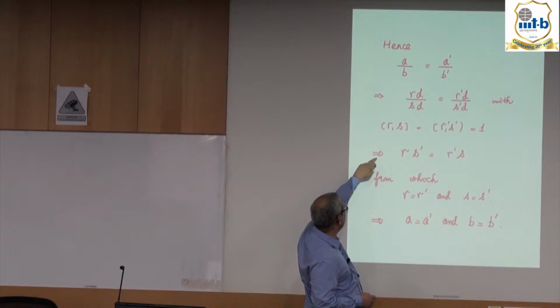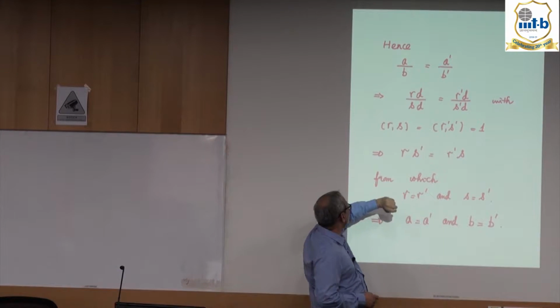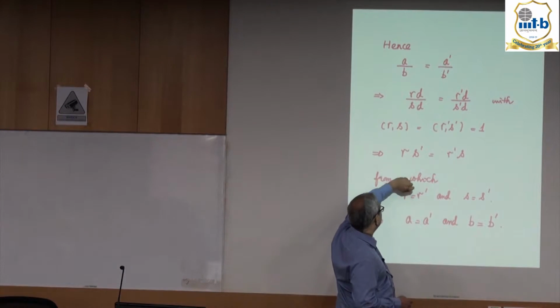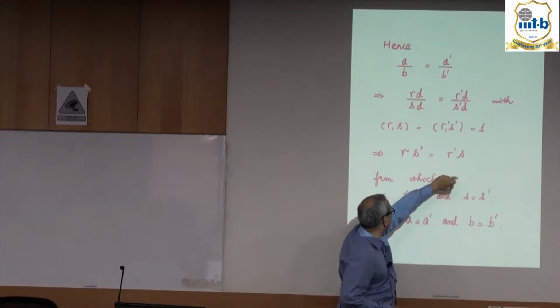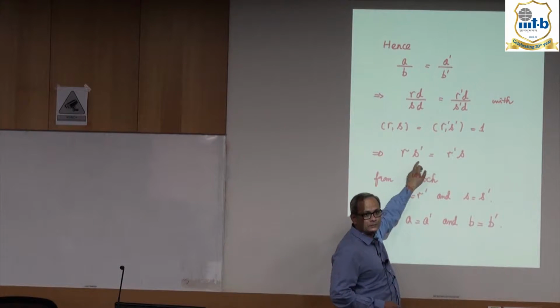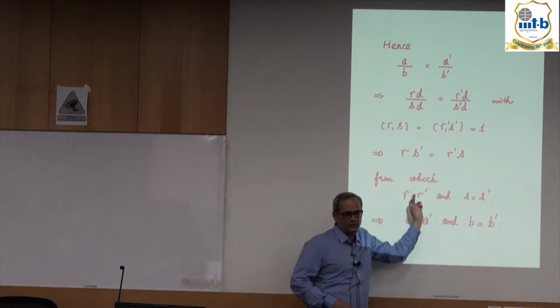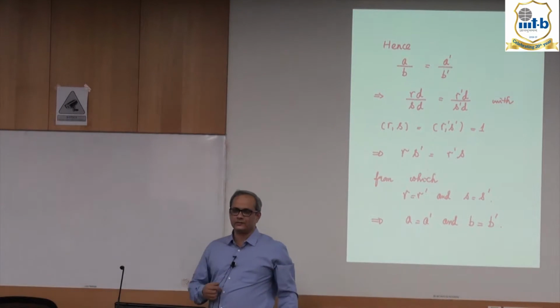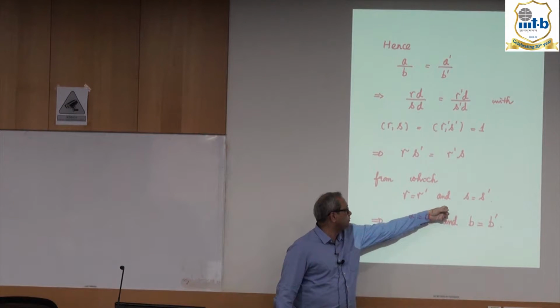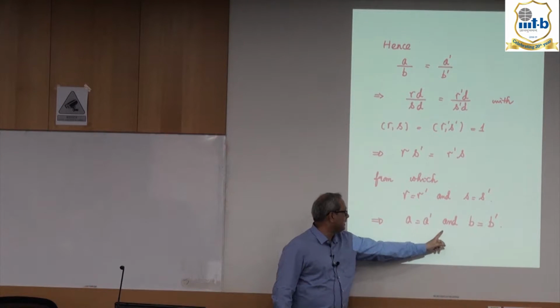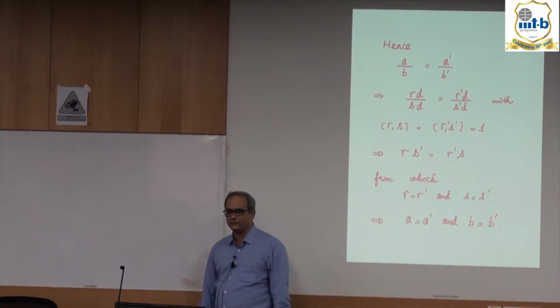The d's cancel, and you have this equation, where r' is co-prime to s' and r is co-prime to s. So if r is co-prime to s but divides the product, it must divide r'. And likewise, if s is co-prime, you get the other way around too. Therefore these two numbers are equal, which means that these two pairs are equal, which means that (a, b) and (a', b') are equal.